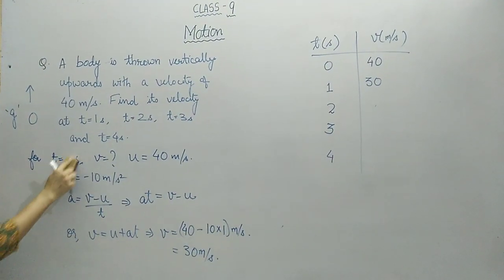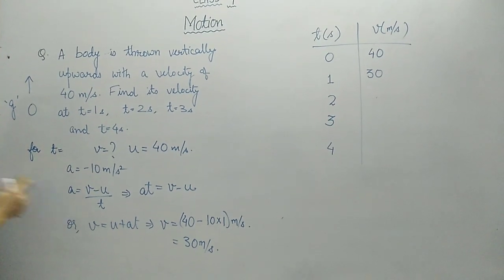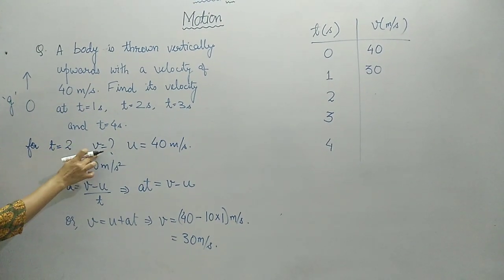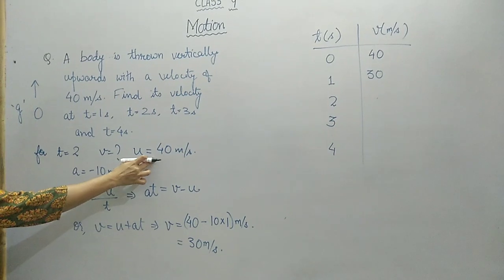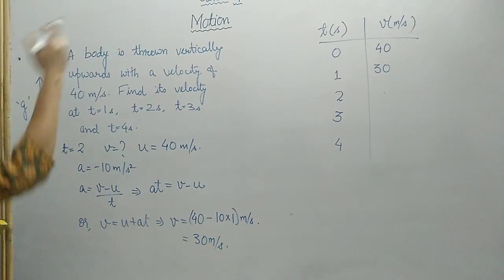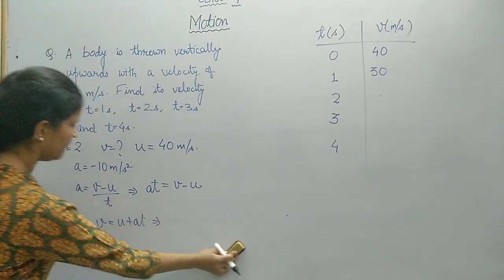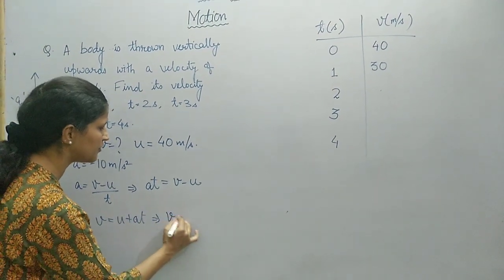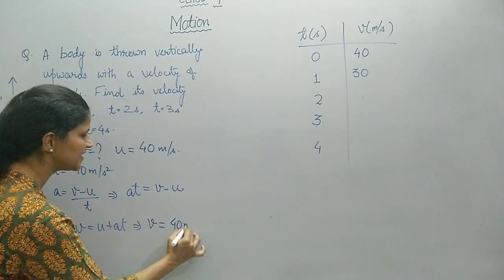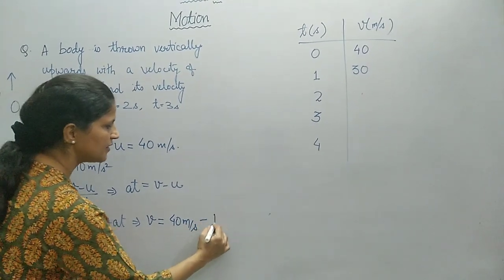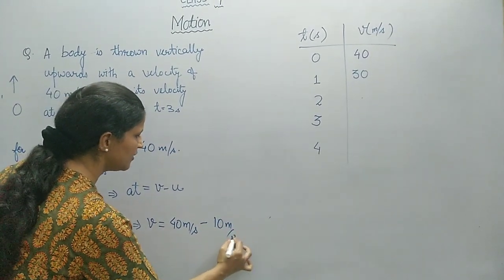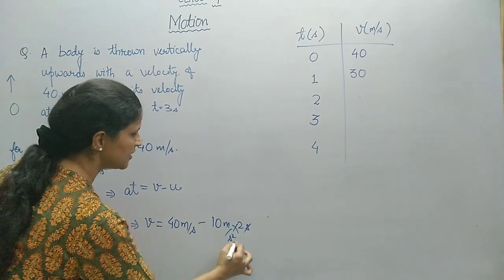Likewise, for t equal to 2 seconds, we have to find out the velocity. Initial velocity is still the same from where the motion just began, and putting the values in this formula, we get v is equal to 40 meter per second minus 10 meter per second square multiplied by 2 seconds.